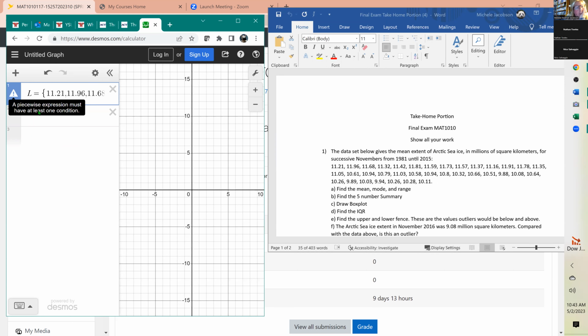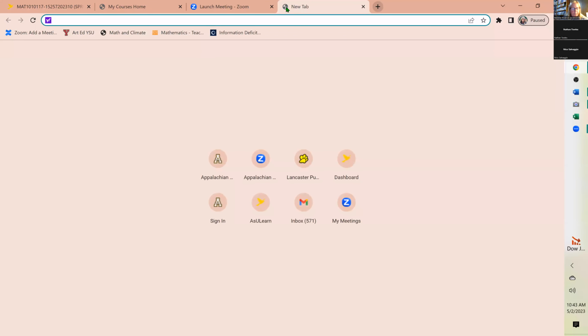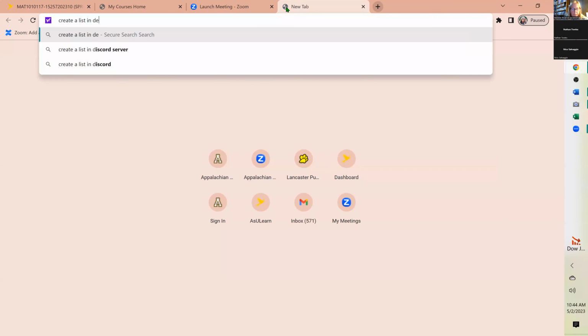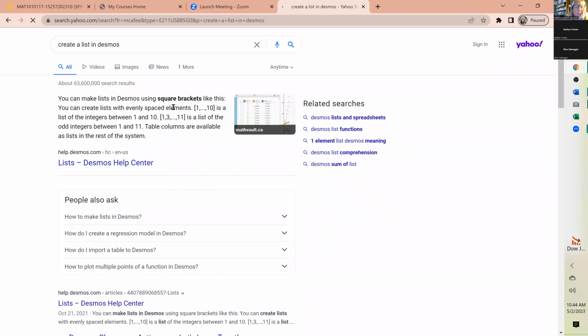Piecewise. Oh, it's square brackets. That's why.